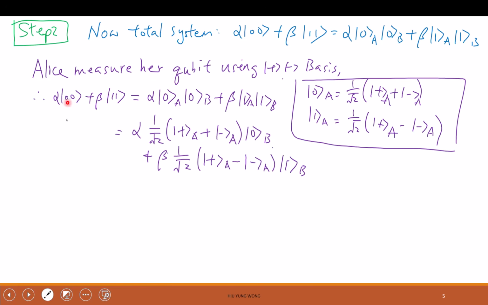Do you see what I'm doing? 0 0, 1 1, I write it explicitly. Alex 0 is just equal to plus plus minus, so I substitute this 0 by this part. I still copy Bob's. And then here, Alex 1, I substitute with this plus minus minus. Is that okay? Any questions?